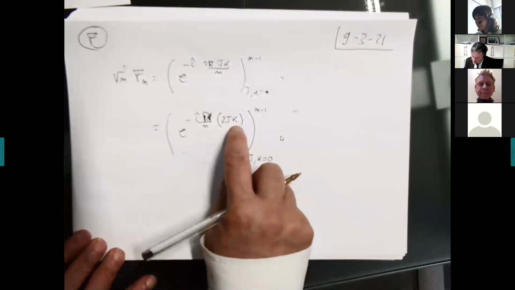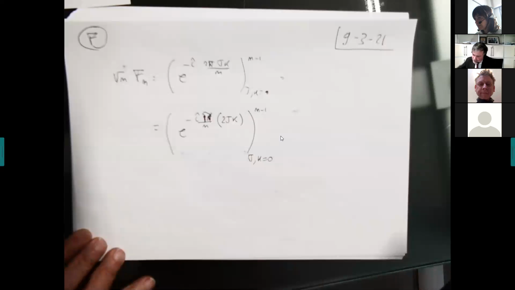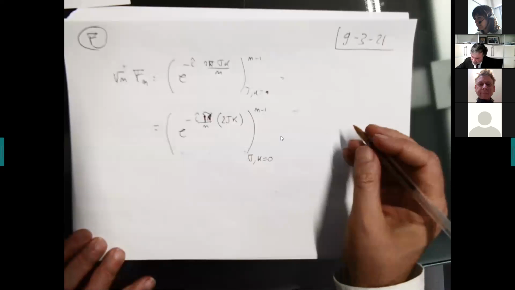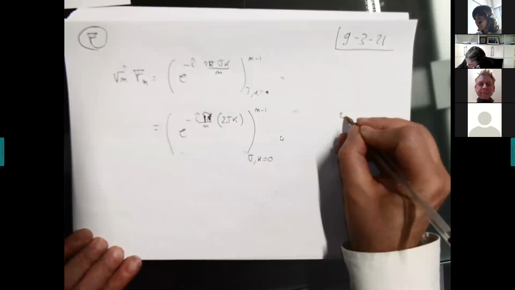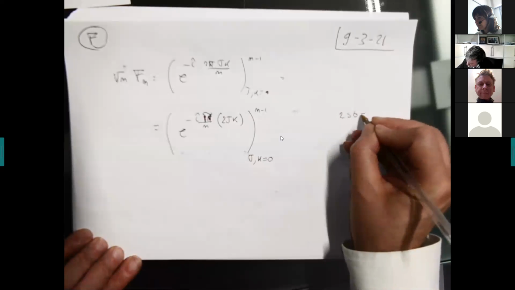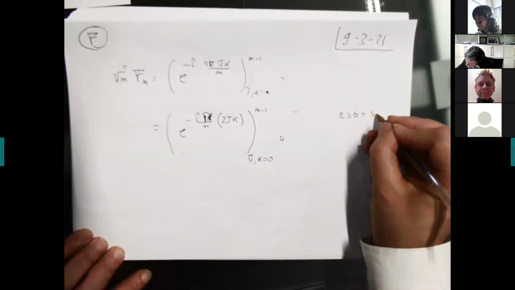No trick, no cheating. Then I use something which is deep mathematics. And of course, I'm joking, that 2st is equal to s.